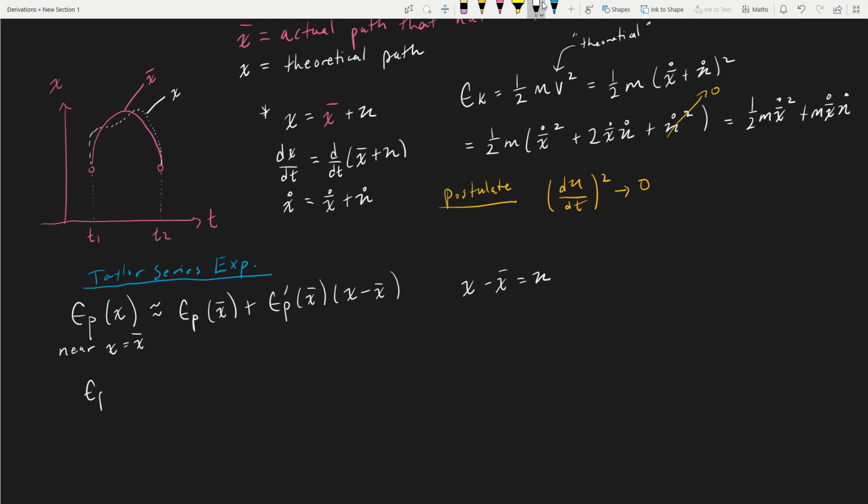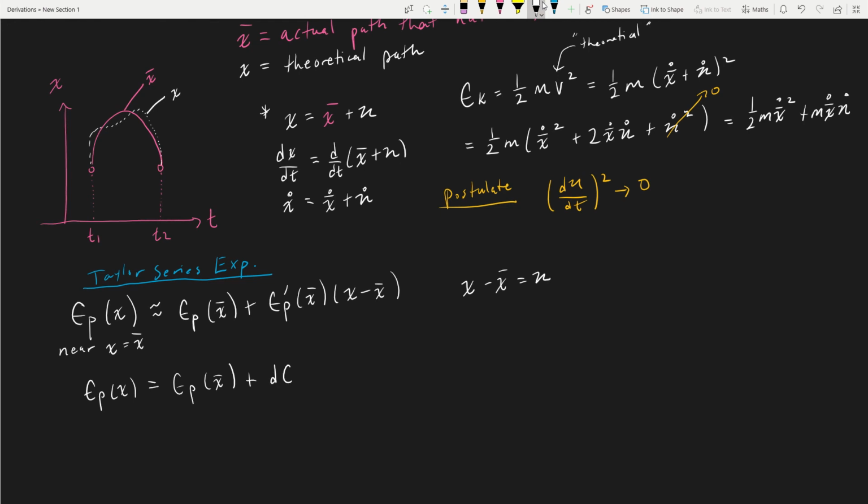So now we're saying approximately, if you take x being near that actual path, flight path x bar, it's equal to EP at x bar plus EP prime, which is really, let's write it out explicitly. What do I mean by EP prime?